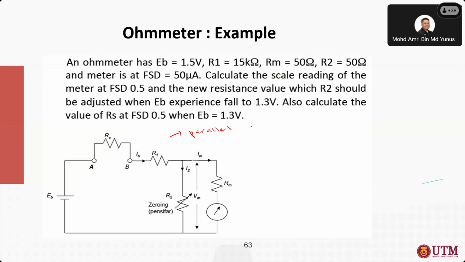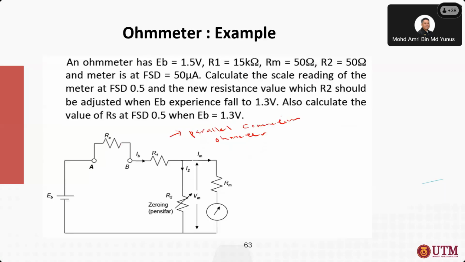So instead of having a series connection, our zeroing resistor is connected in parallel with the PMMC, as you can see.